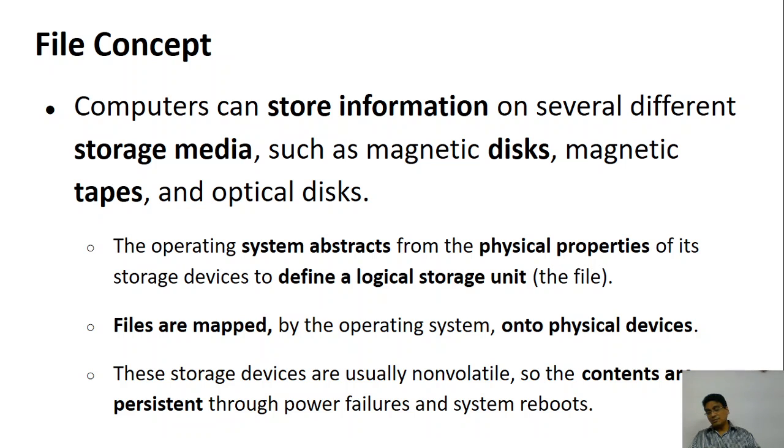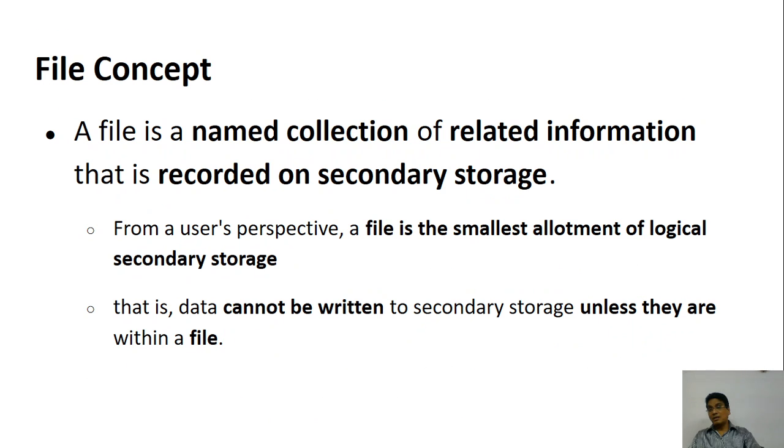The operating system will map this file, the unit that you want to store, onto the physical media, and it allows you to retrieve it at a later time. When you store data in the secondary storage device, you know very well it is persistent, so that it can be retrieved later.